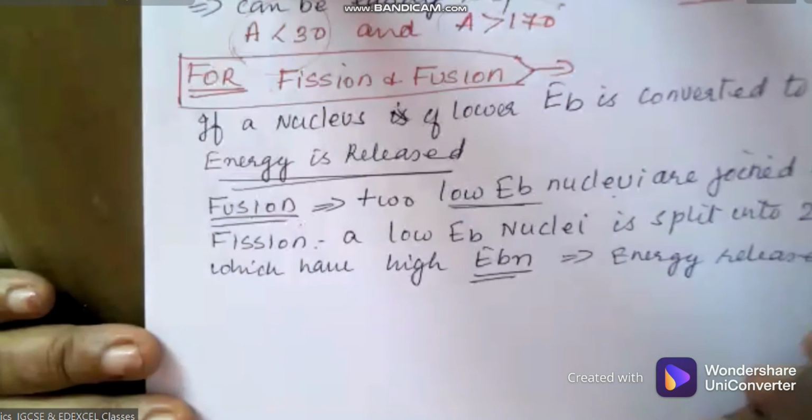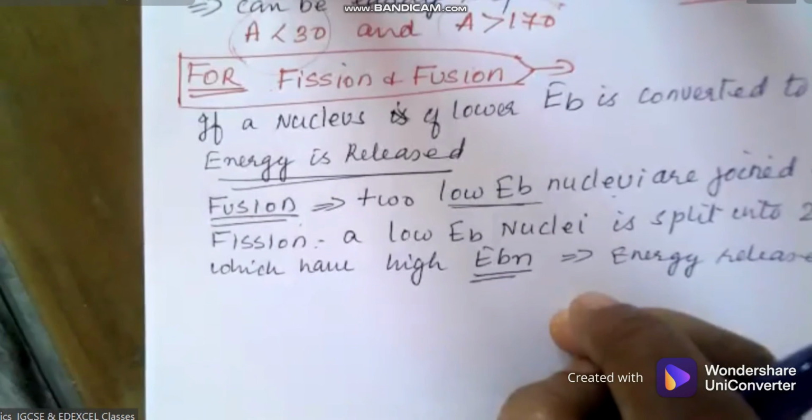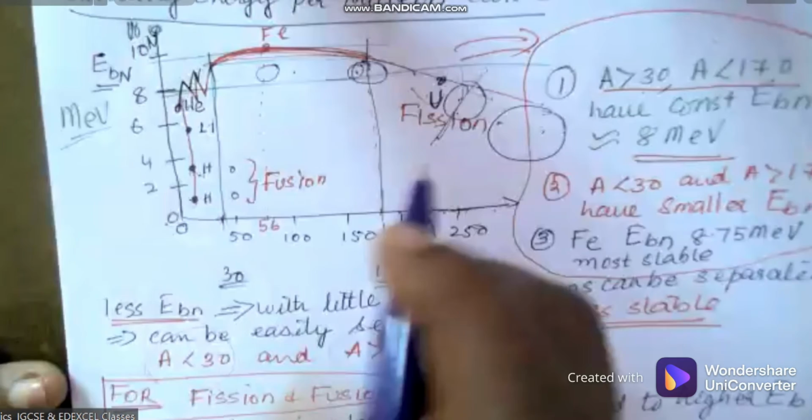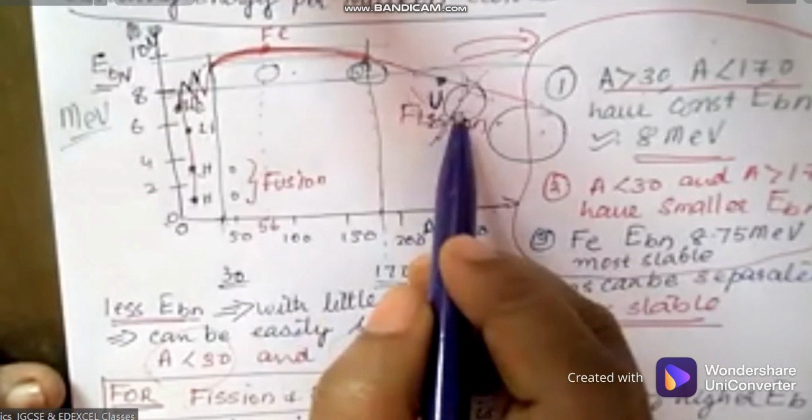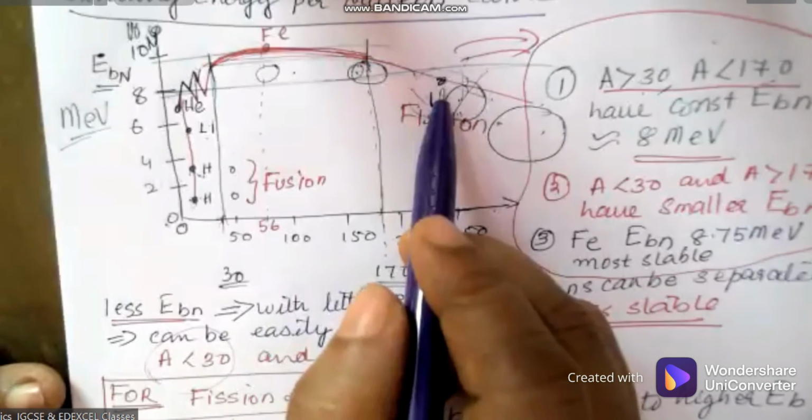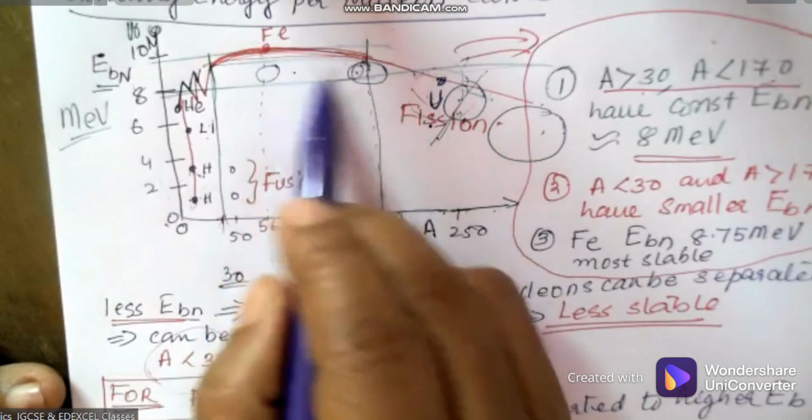To understand this, we started with binding energy. So what happens in fission? Fission means splitting. Heavy, large nuclei are easy to split. When you split this one, it will break down into two elements which will fall in this range.